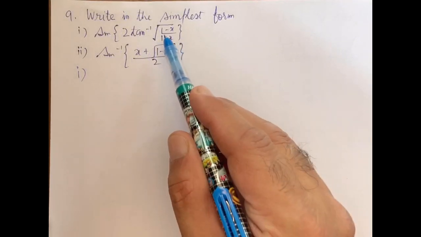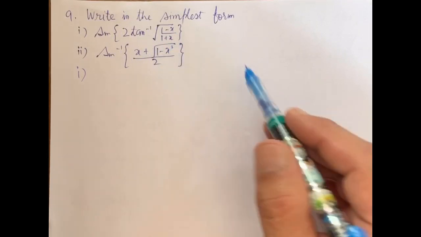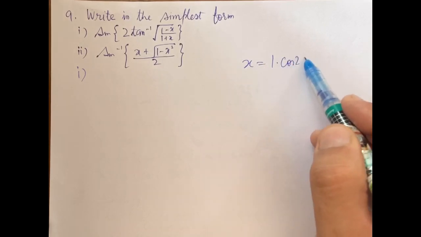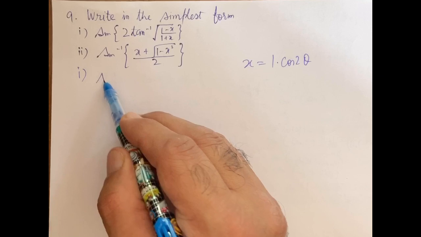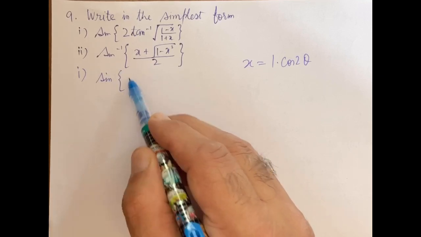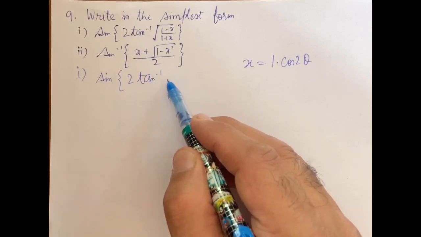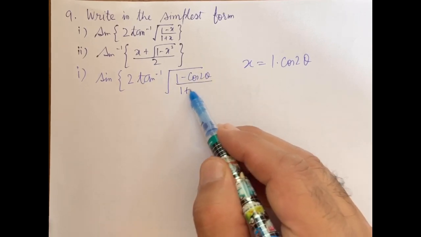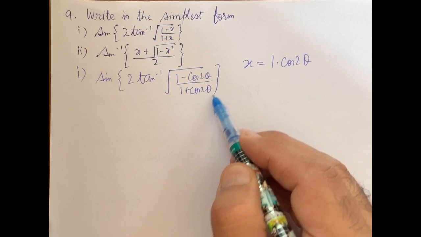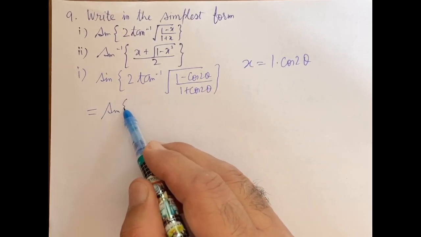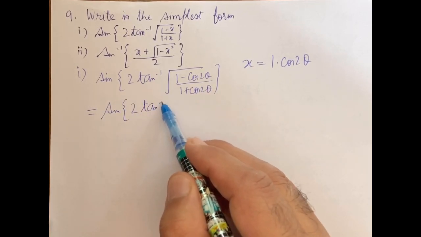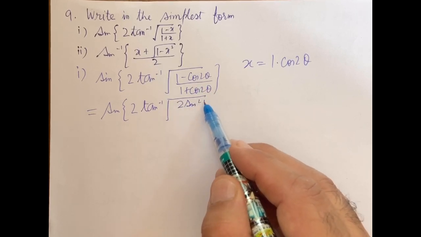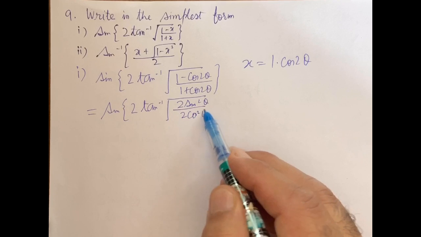First part, since we have root of 1 minus x upon 1 plus x, we put x equal to cos of 2 theta. This is sine of 2 tan inverse of root of 1 minus cos 2 theta upon 1 plus cos 2 theta. 1 minus cos 2 theta is 2 sine square theta, and 1 plus cos 2 theta is 2 cos square theta.